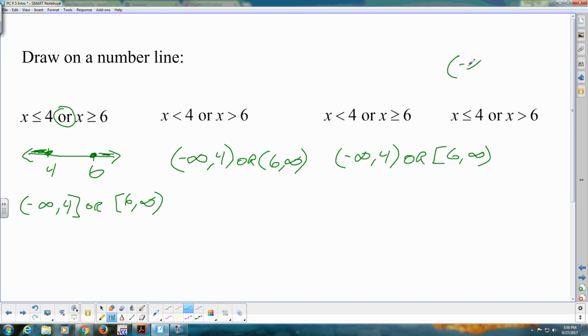So negative infinity is where you're starting, you're going up to 4, you're including it, or you're starting at 6 but not including it, going to infinity.